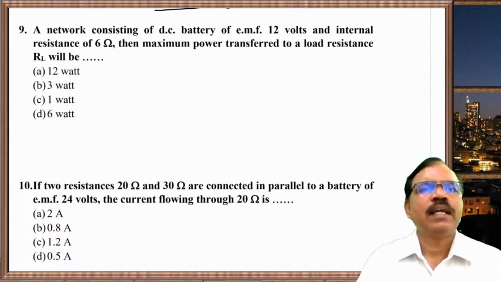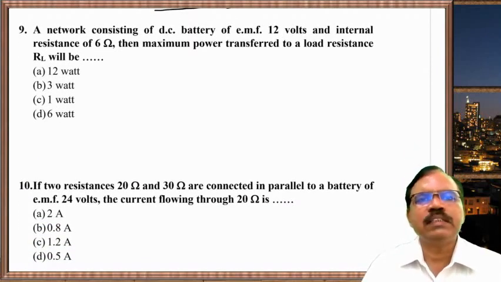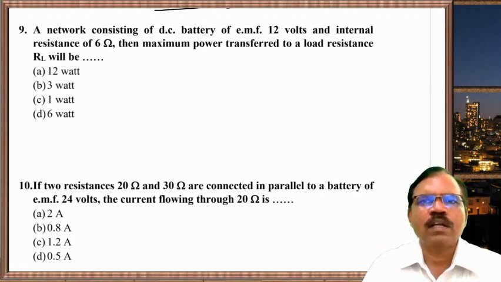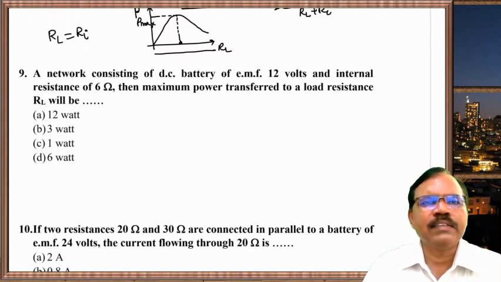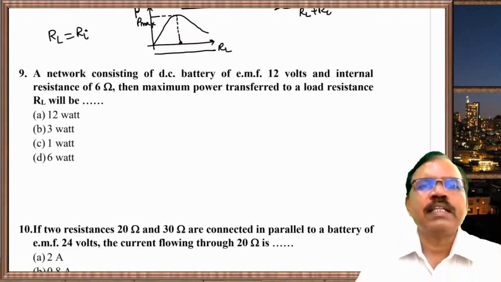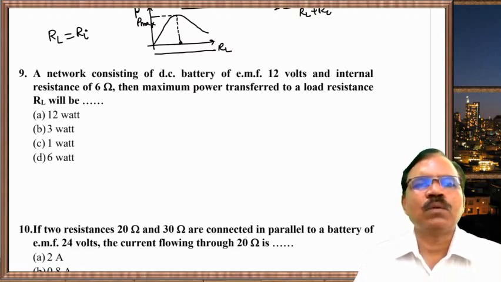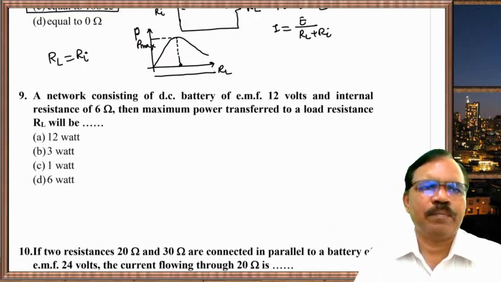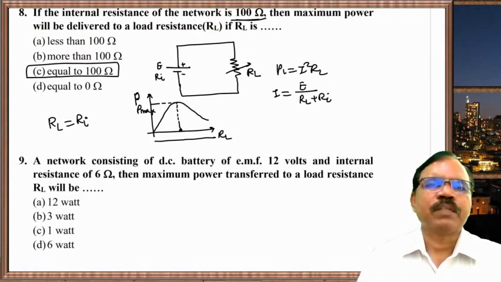Now next one, a network consisting of DC battery of EMF 12 volt and internal resistance of 6 ohm. Then the maximum power transfer to load resistance RL will be. Now here we will take same circuit.